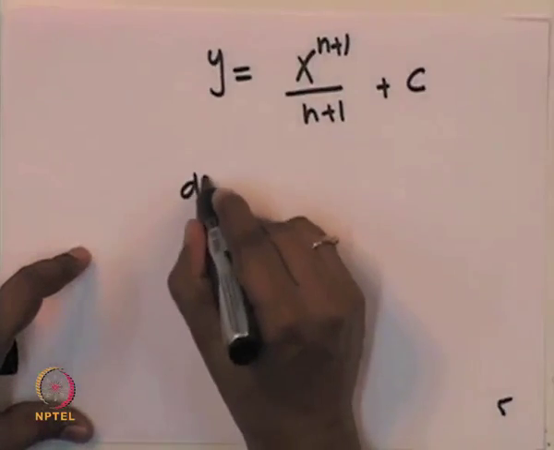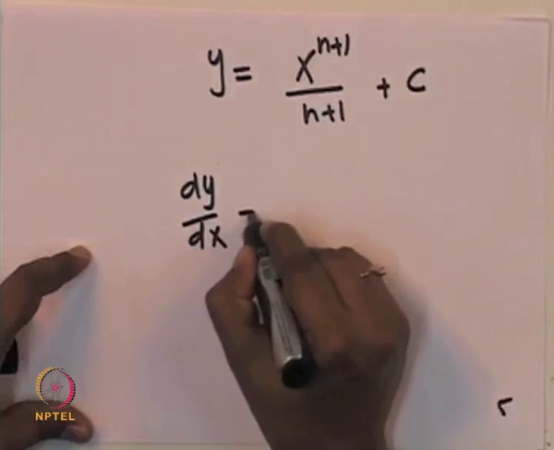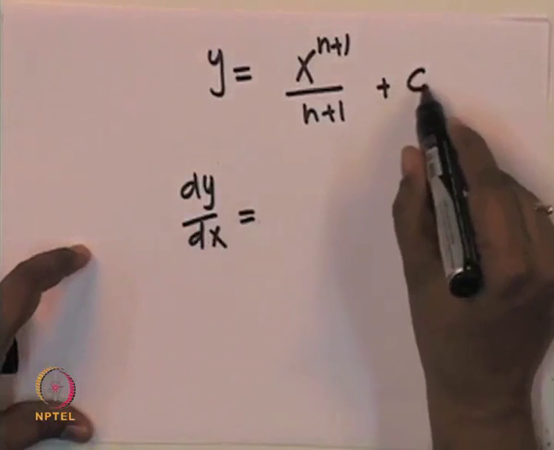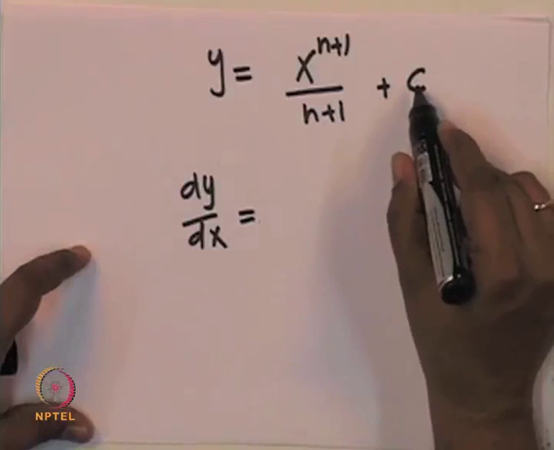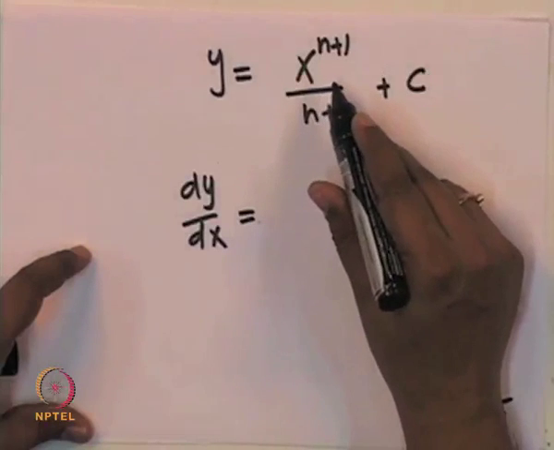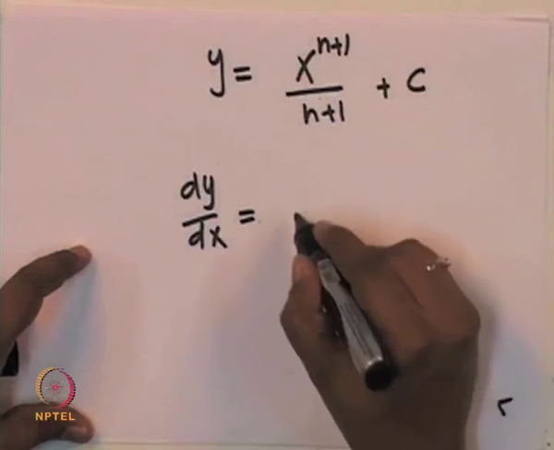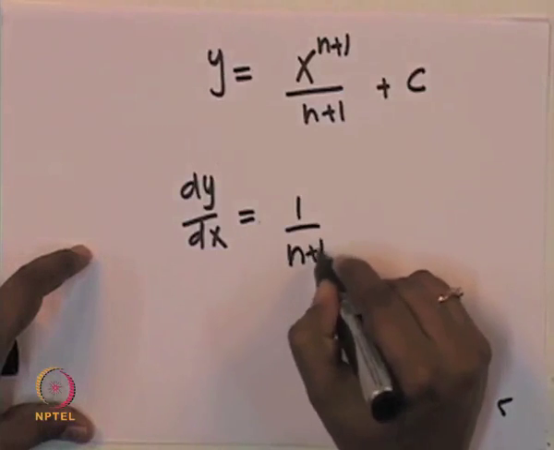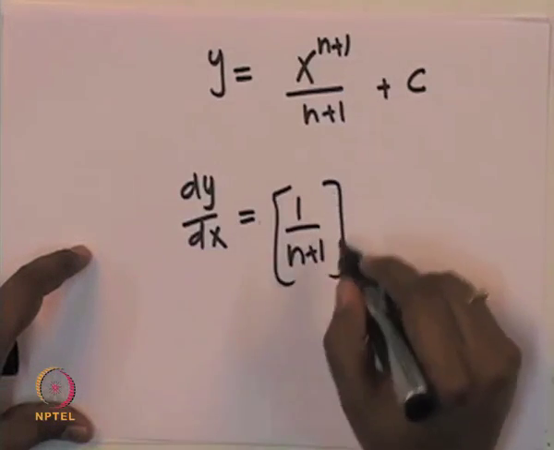What do we get if we find dy by dx? The derivative of a constant is 0, so that is irrelevant. 1 over n plus 1 is a constant, so let us take it out.